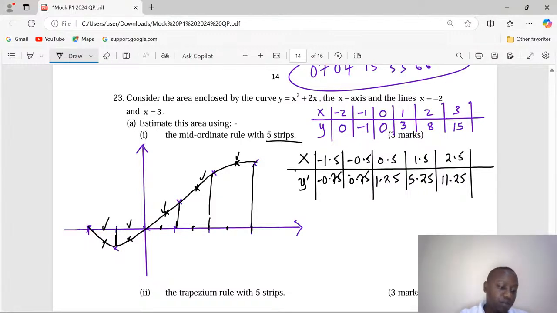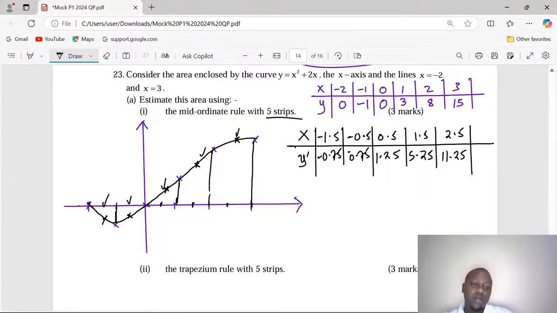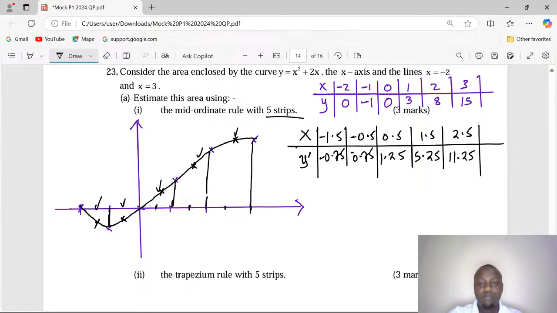Now there's something you're supposed to know about negative values of y. They are the first two, and I've already sketched. Being negative means they are just on the lower side of the x-axis. So because we want area, we shall just substitute in the formula their absolute values without bothering the negative, because the negative was just to indicate the side where those two heights are found.